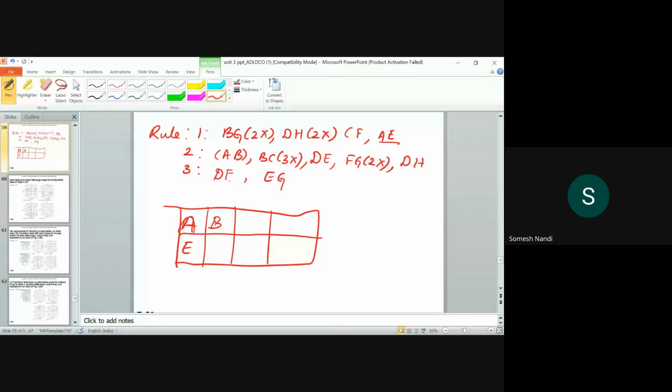What is adjacent to E? D. Correct? So if I have placed E here, and this is DE, then with D I have F also. If I place F here, it becomes adjacent. But I have G.